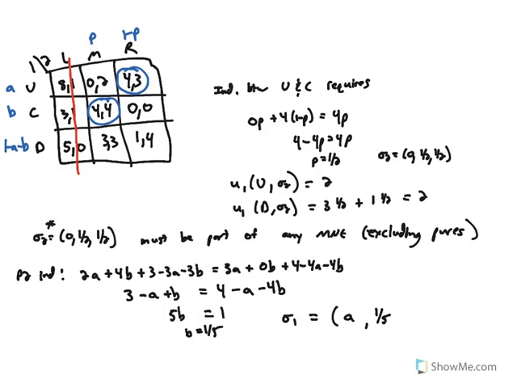That didn't affect the first position. That's still a variable, so that it can be flexible. So there's going to be a whole range of equilibria here. That's allowed to be A, and we can replace B in the last one. It was 1 minus A minus B, but we know B is 1/5, so it's going to be 4/5 minus A.